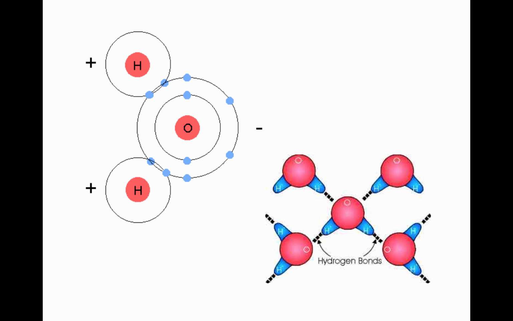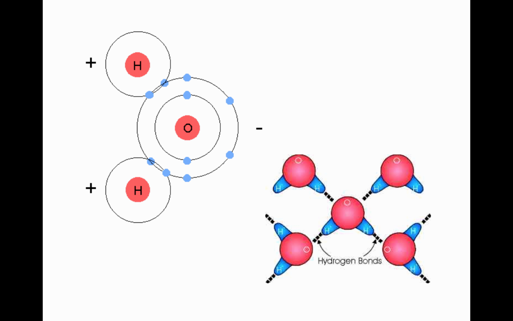If you look at the top of the car after you waxed it and it rained, you see droplets, but they're in this circular shape. That is because of the negative ends being attracted to the positive and being pulled in towards the water, not the air.